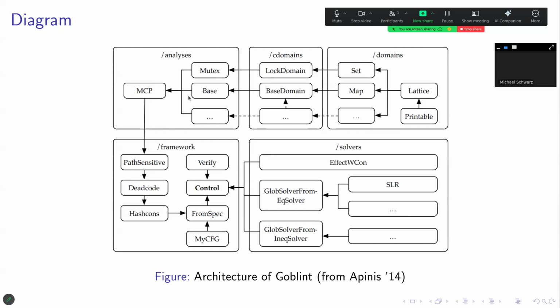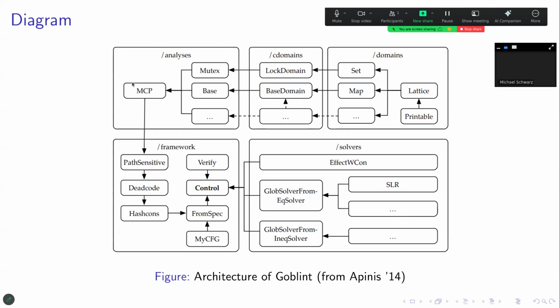So basically what this does is it takes all of the analyses, it's a Cartesian product, and then runs all of them together. And this MCP here itself is an analysis. So you can think of basically taking the transfer functions for each of the analyses that you have activated, and then you have a tuple of abstract values and a tuple of transfer functions, and the transfer function of this combined thing is that you apply the transfer function of each of the components.